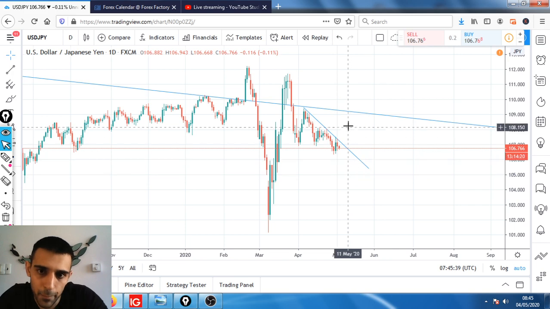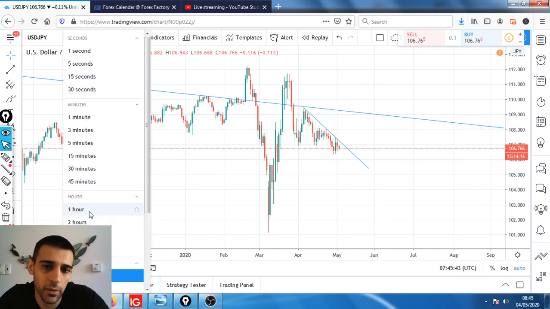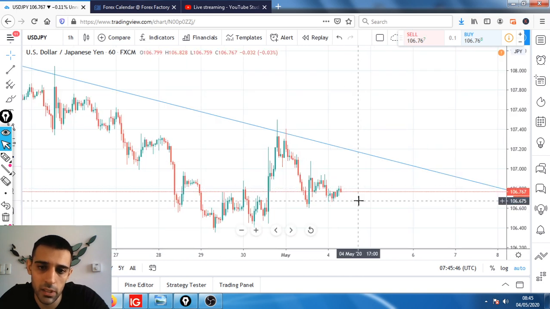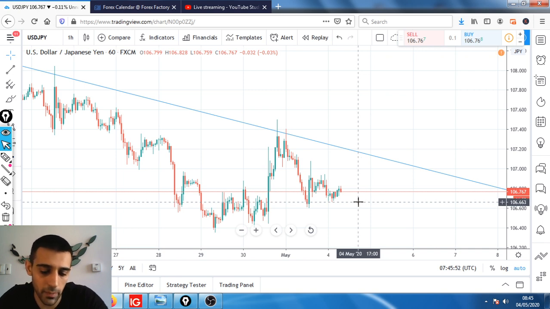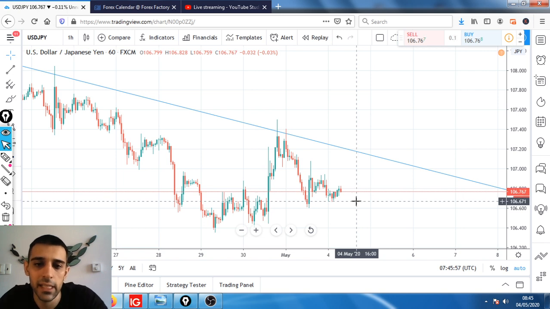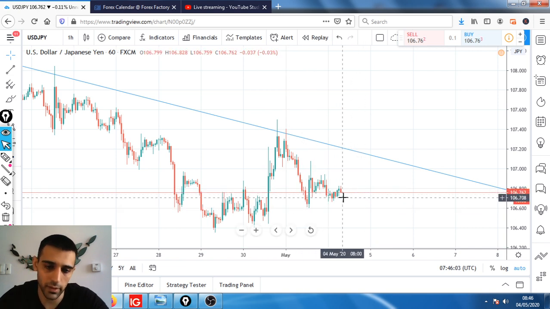So just to recap, price has to come down and make a strong bearish close down to this level, at the very minimum 106.65. A nice bearish close, and what I mean by that is the candle has to have either no tail or a very little tail. Then I can justify getting onto the trade on the retracement.